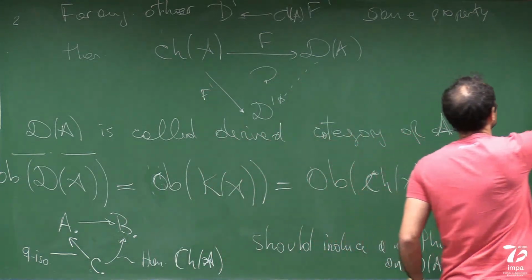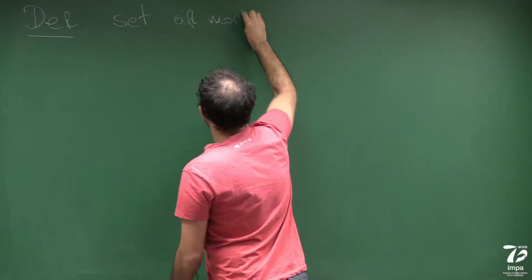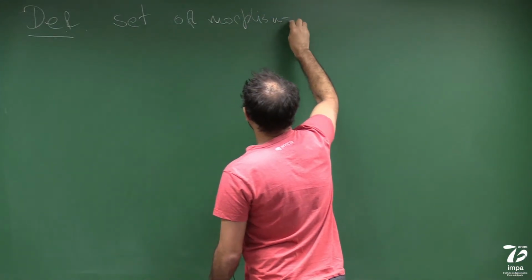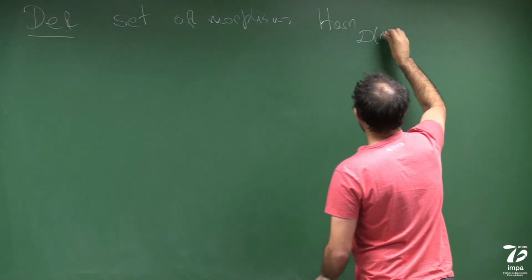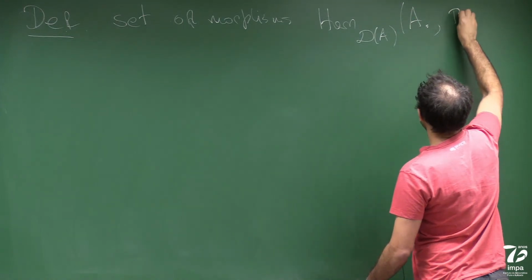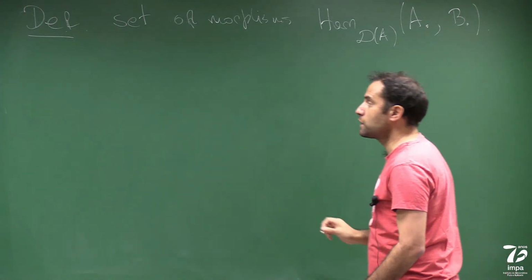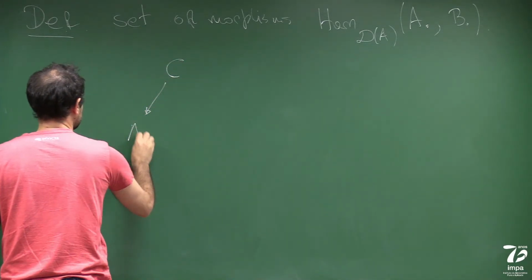So definition, which is not a good definition still: the set of morphisms Hom in the derived category from A to B is going to consist of guys like this.